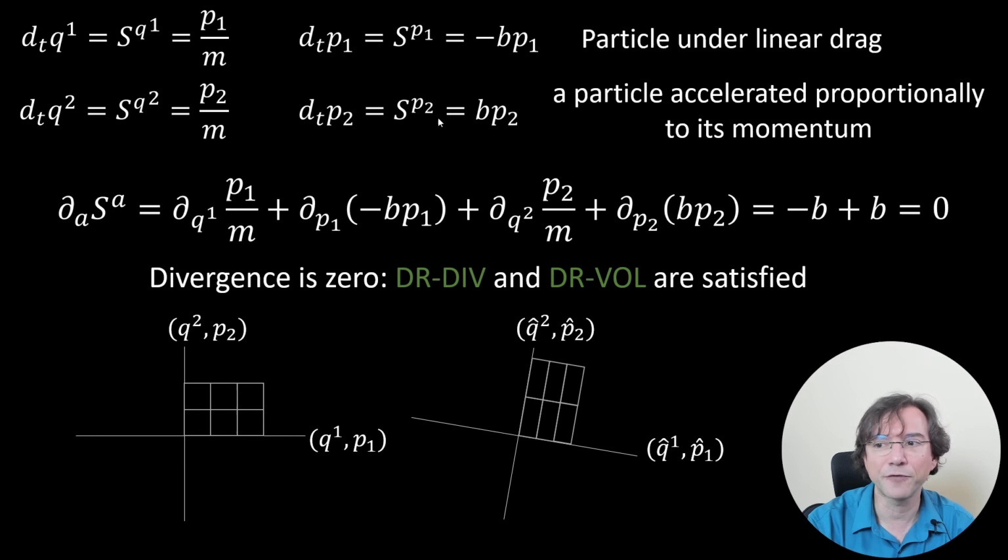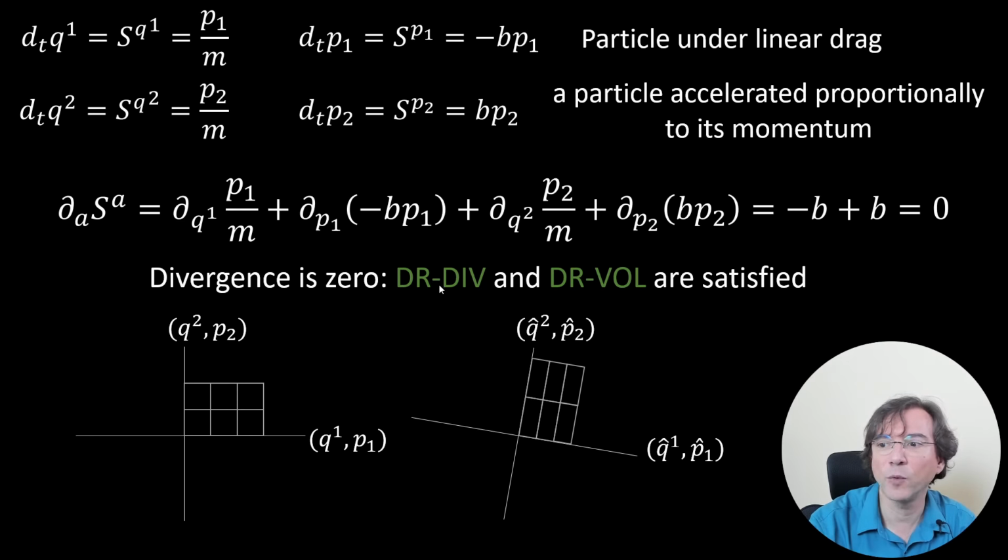On the other degree of freedom, instead, we're going to do the opposite. We are going to increase the momentum proportionally to its momentum. So we are basically making things faster and faster in 1 degree of freedom, while making them slower and slower in the other degree of freedom.